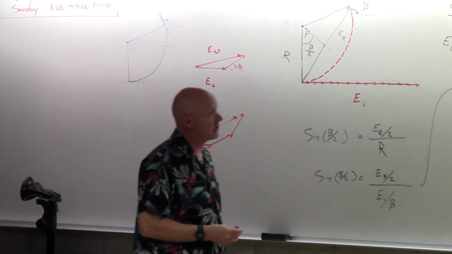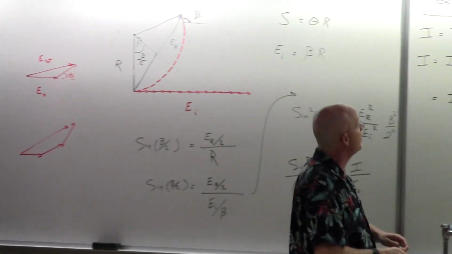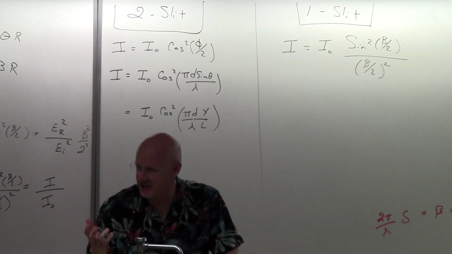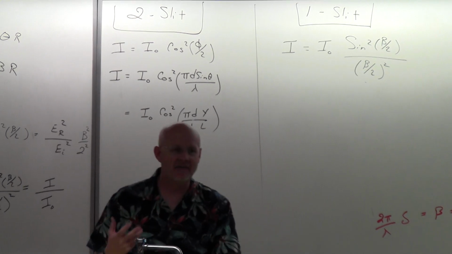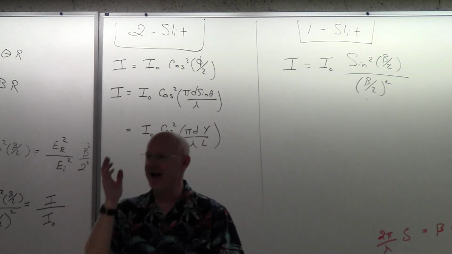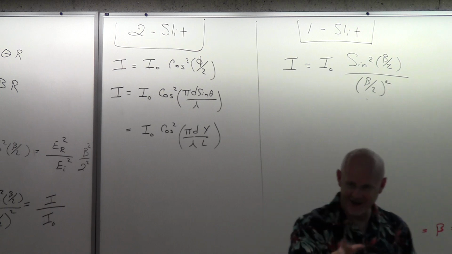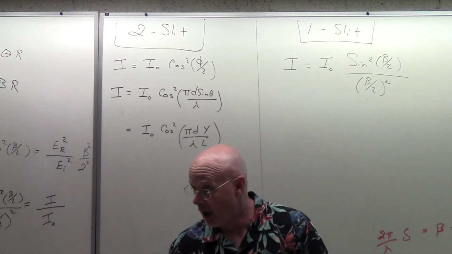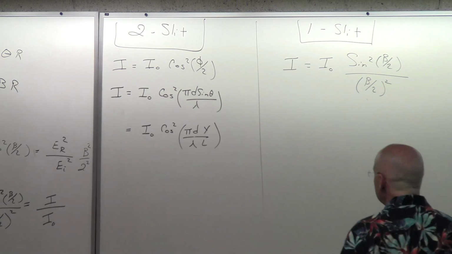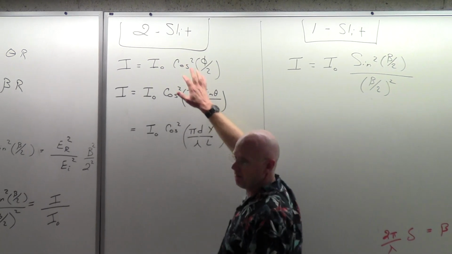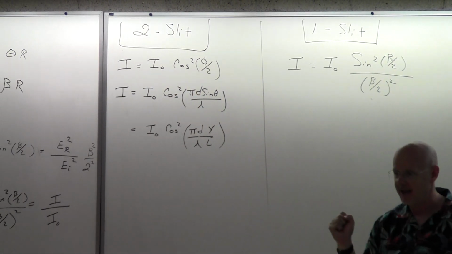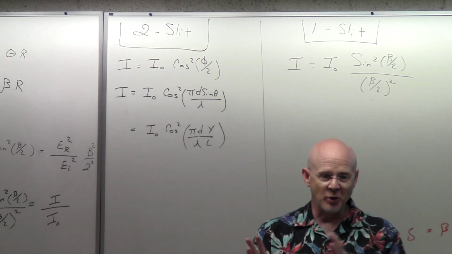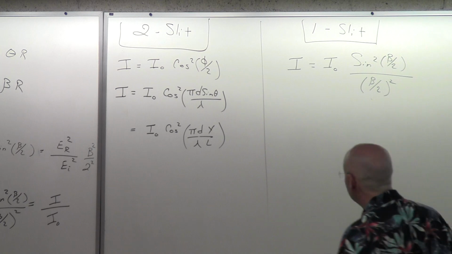But what I want you to see is, first of all, notice it is a trig function squared. So just like the double slit, the single slit is going to have the same bright, dark, bright, dark pattern. And isn't that what you saw a half hour ago when I shined it on the screen? But also notice that the double slit was a cosine, but the single slit is a sine, which means what? They switch roles, right? That's what we said earlier.